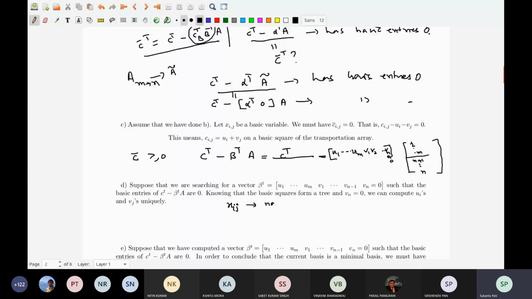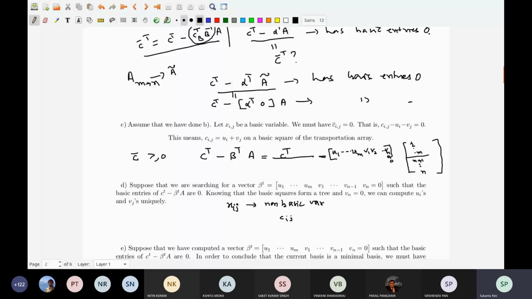Now I will look at the entry corresponding to xij. The entry corresponding to xij of C transpose will be Cij. That is fine. And then minus, the column corresponding to the non-basic variable xij, I have to multiply with beta transpose.